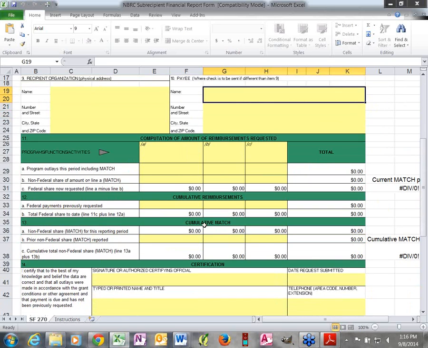And then we get down into the match section. So this is going to automatically fill in what you put here, which is what you're saying the match is for this reporting period. And then you're going to plug in any match that you've reported on a previous reimbursement request, and then it'll automatically add those together and calculate what that total is.